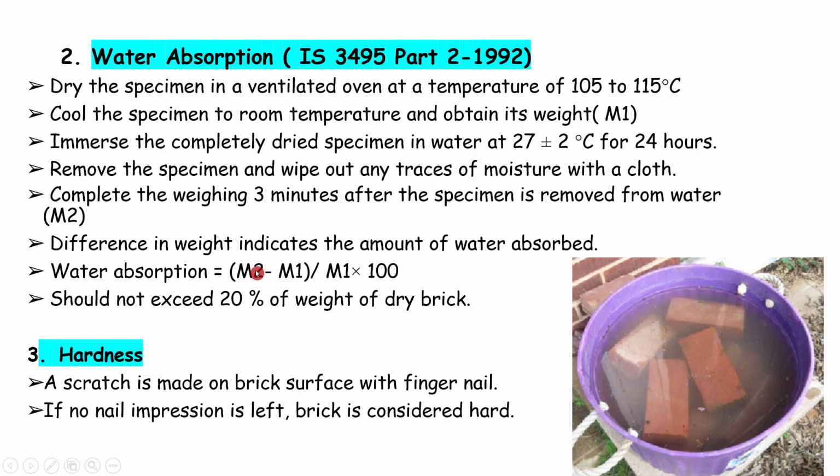So M2 minus M1, that is the wet weight minus the dry weight of the brick, divided by the dry weight, will give you the percentage of water absorption. It should not exceed 20 percent for the brick, because this is a quality criterion for the first class brick.